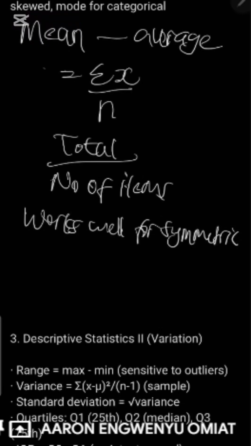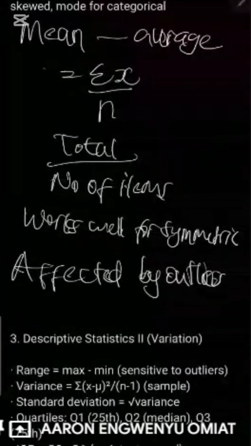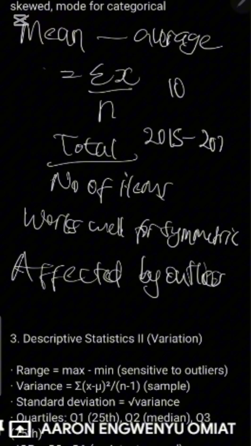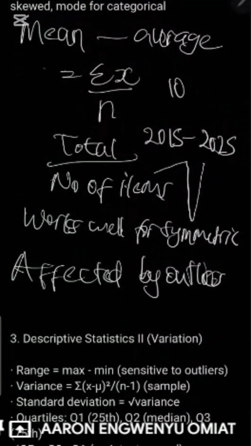However, one issue with mean is that it's affected by outliers. At this point, let me define outliers once again. For example, if you look at agriculture, the output over a period of maybe 10 years, from 2015 to 2025, say the coffee output in Uganda, and we plot it, you realize that the data almost makes a straight line, but then one year it comes back up.